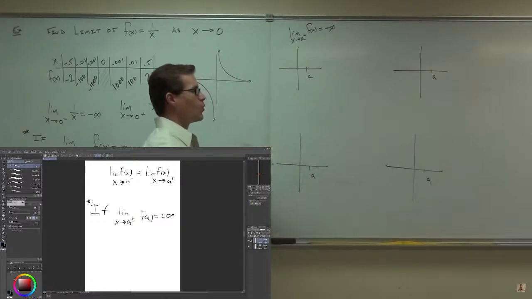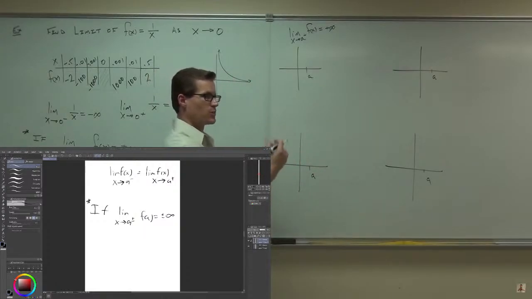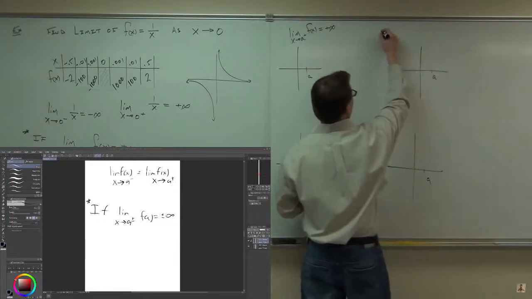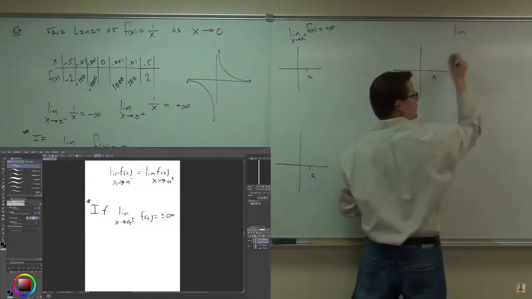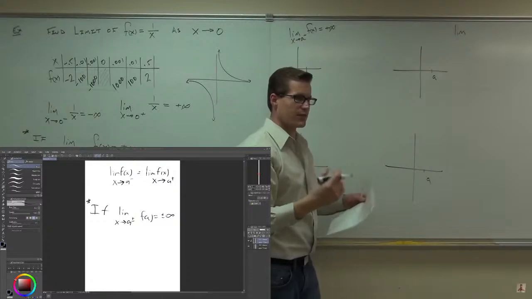So one case is what happens if we approach a from the right and we're going to positive infinity. Another case would be if we approach a from the right and we go to negative infinity.